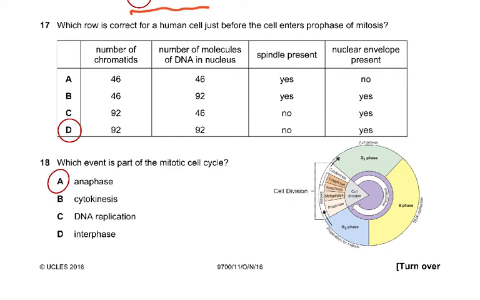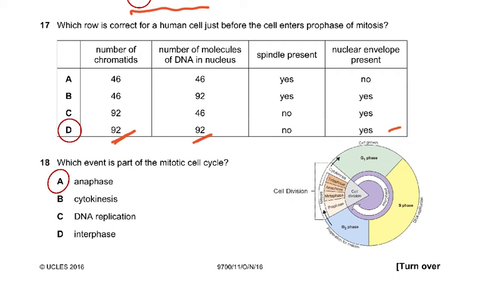So a human cell has 46 chromosomes. When it enters, it will have 92. So this was the answer then. Number of molecules of DNA in the nucleus, 92. And spindle present, no, not as yet, because it's going to enter prophase. And nuclear envelope present, yes. So the spindle will start to form as soon as it enters, but this was before the cell enters prophase of mitosis.